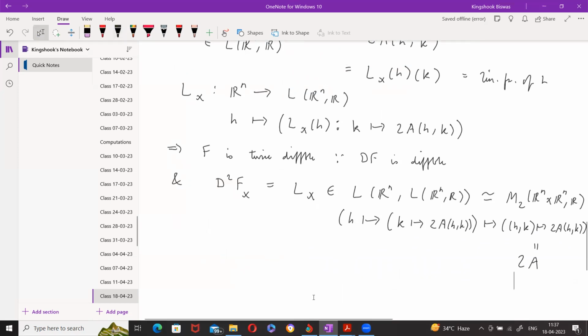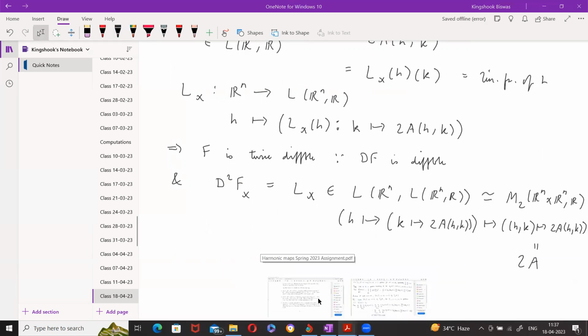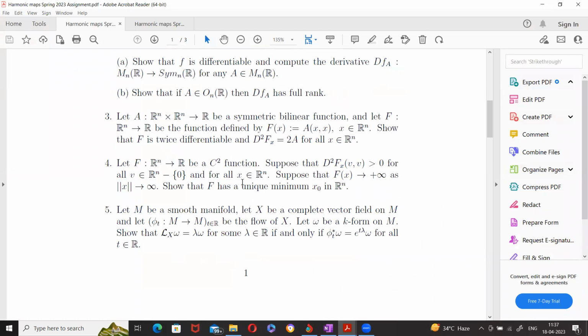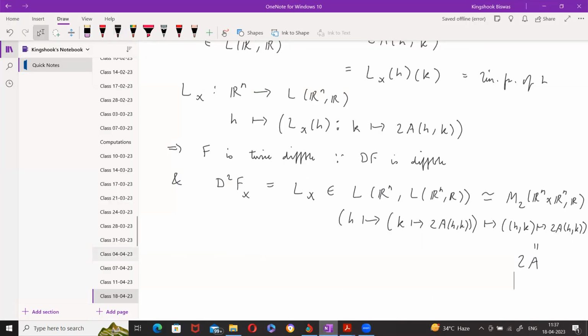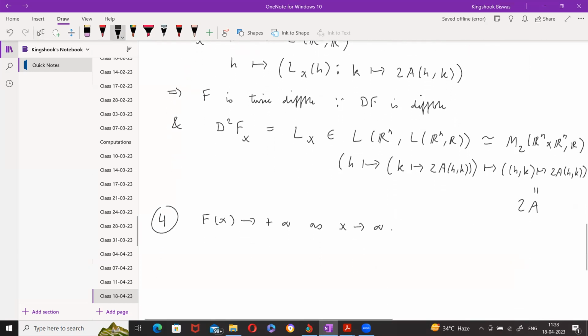So let's move on to the next one. We have 2 minutes left. Okay, fine. The fourth one is quite easy. So first of all, you know that f(x) tends to plus infinity as x tends to infinity. So you just take any ball, let's say a ball of radius 1.